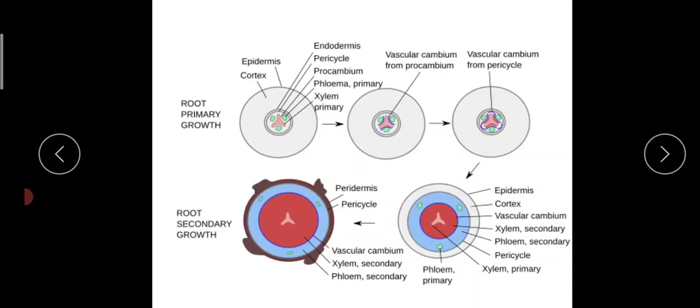Then after some time they become active, but they produce only a lesser amount of secondary xylem. As a result, more and more secondary xylem is produced from these depressed regions of the cambium, and this pushes the primary phloem and the cambial ring to the outside. The cambial ring is pushed to the periphery, so that it becomes circular in nature.